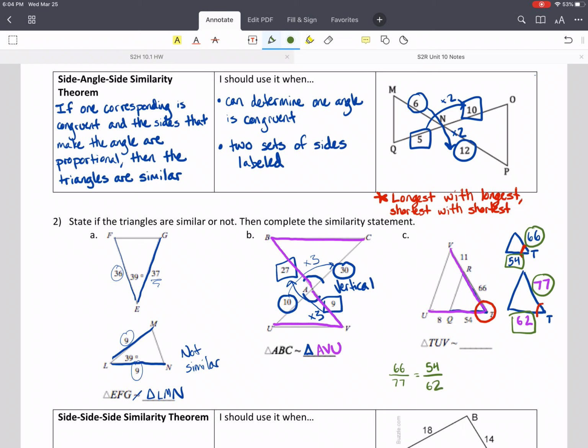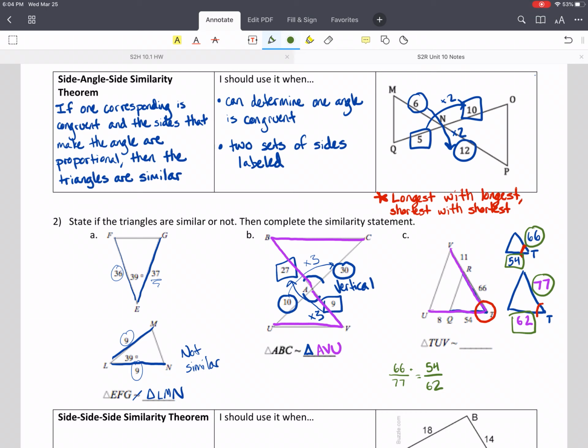And honestly, what I do is I just type those fractions in my calculator. Or I can cross multiply and see if I get the same thing. Either one works with me. Actually, in preparation for next time's lesson, we will just type in the fractions.